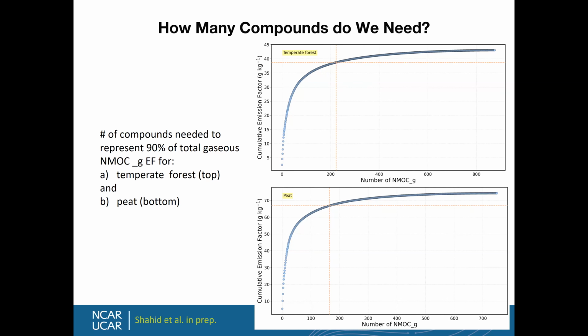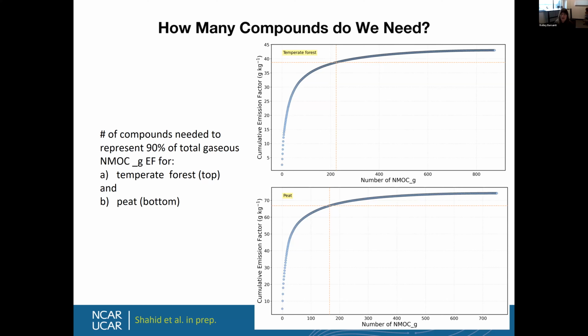Yeah, so this is the slide that you're referring to. We said, okay, we have to be able to represent 90% of the total NMOC. That's just a random number, but it takes over 200 compounds to do that for temperate forest, and just under 175 for peat. So I don't think we need to represent every individual compound.